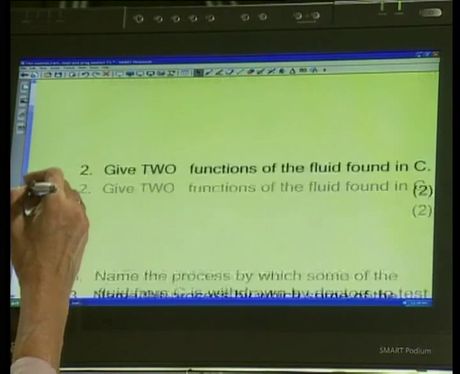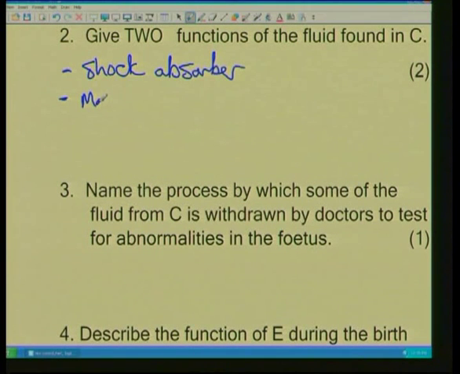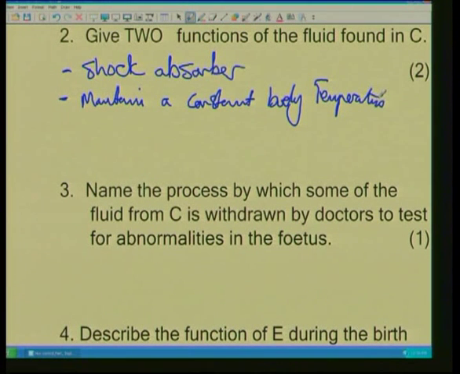Okay, that's number 1. And number 2, it's going to maintain a constant body temperature of the fetus. It's that little fetus's body temperature it's going to keep constant.